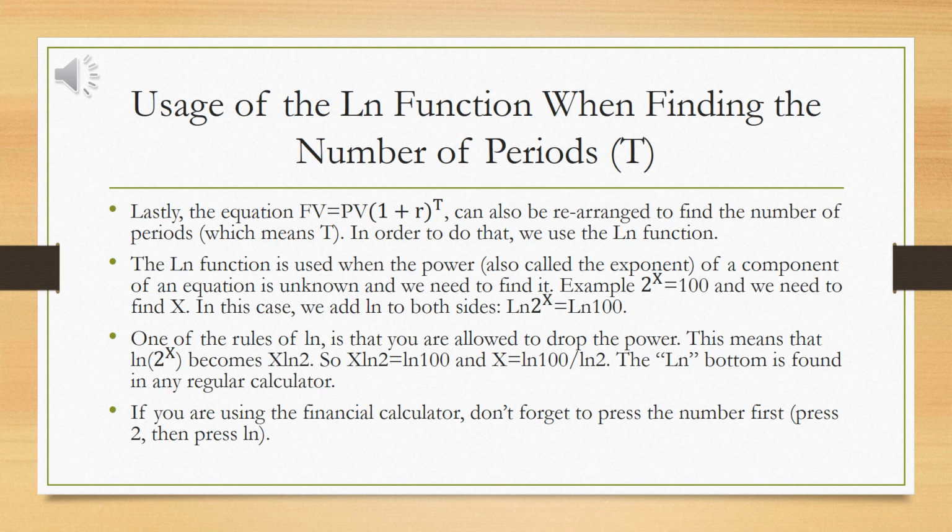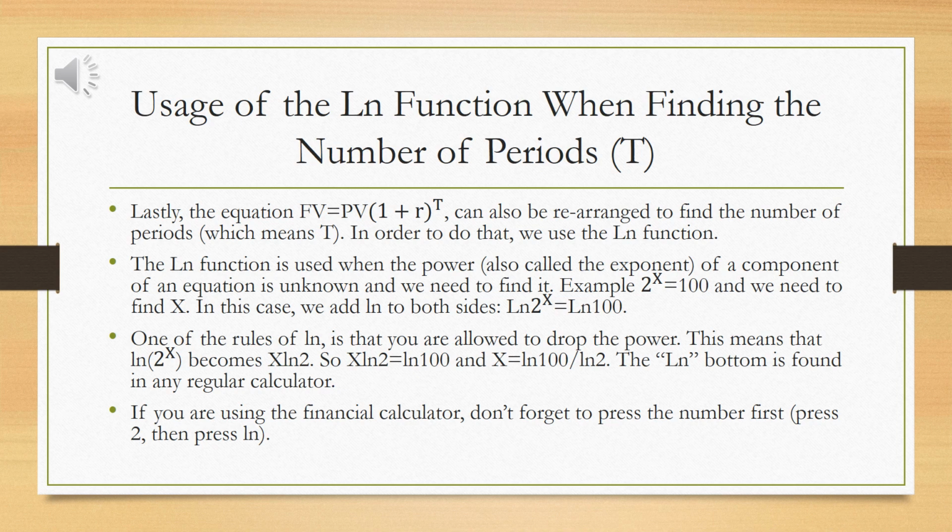Lastly, the equation future value equals present value times (1 plus r) to the power t can also be rearranged to find the number of periods. In order to do that, we use the ln function. The ln function is used when the power of a component of an equation is unknown and we need to find it. Example, 2 to the x is 100 and we need to find x. In this case, we add ln to both sides.